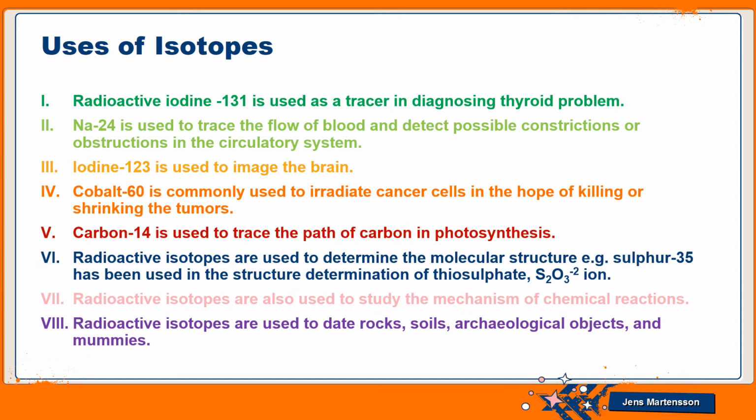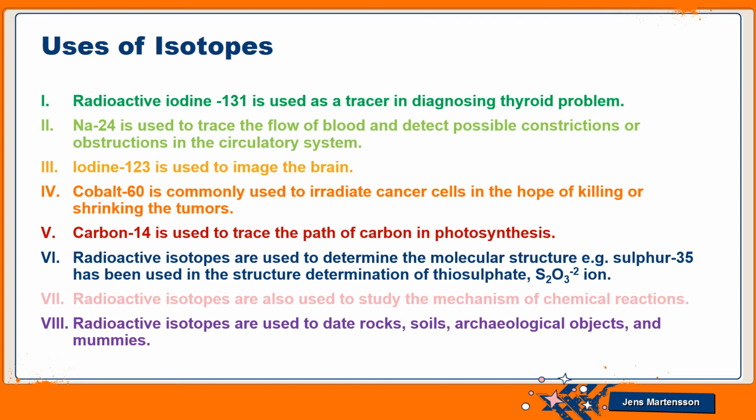These isotopes are also widely used in research projects. Carbon 14 is used to trace the path of carbon in photosynthesis, so we can trace the process of photosynthesis by using carbon 14.